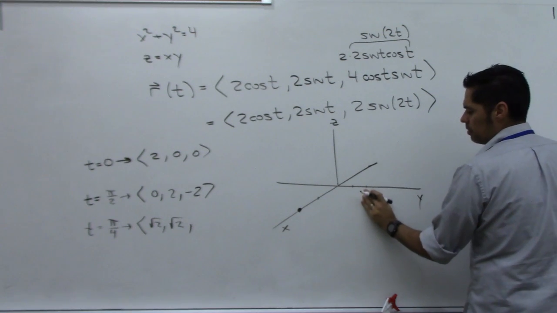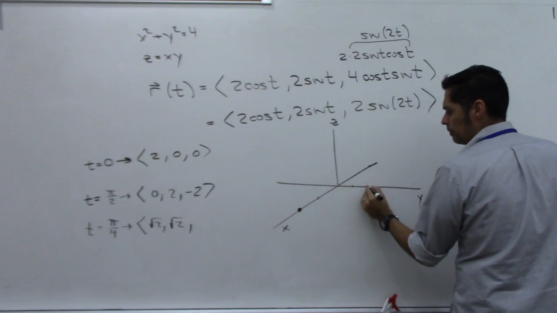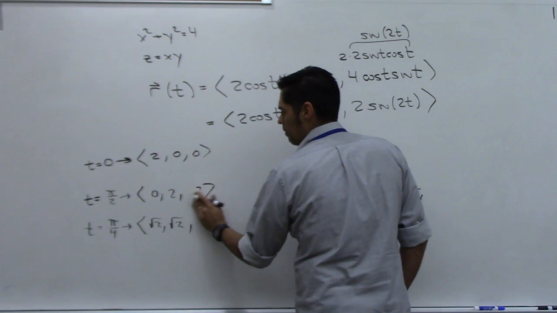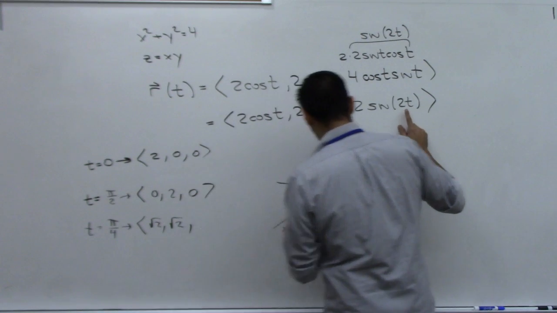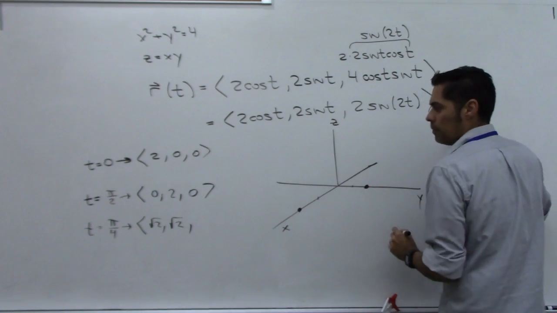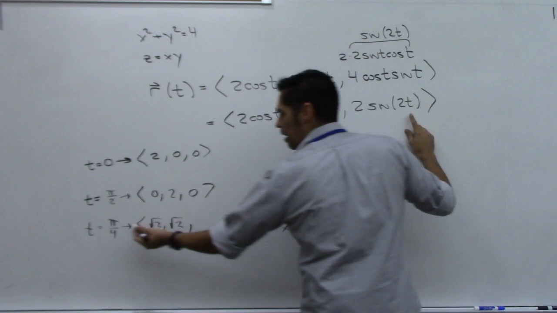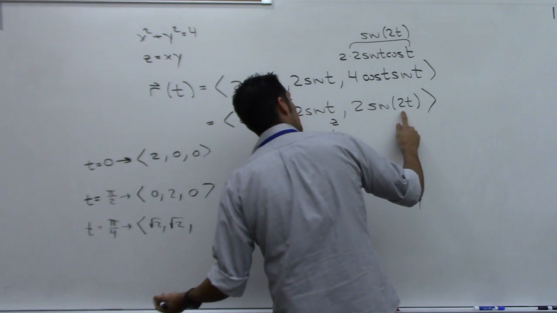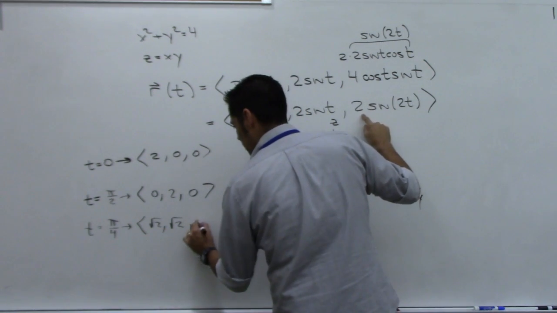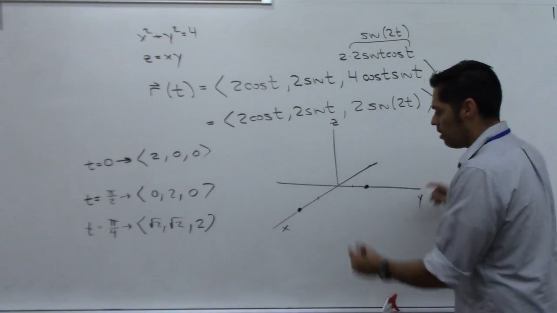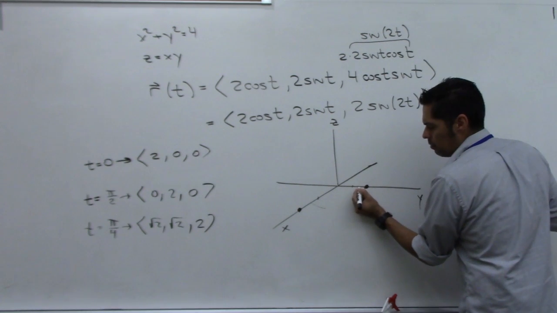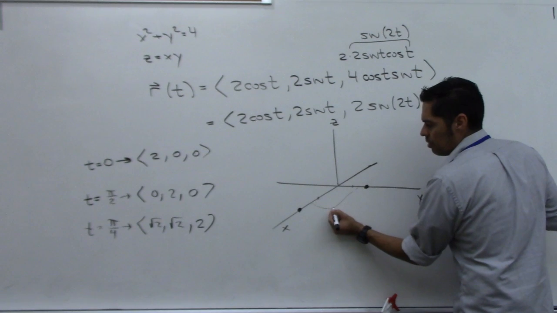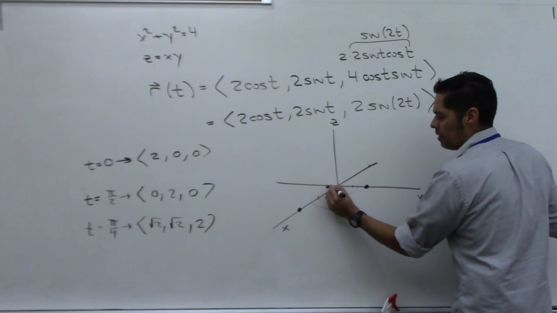This was 0. This should have been 0. Sine of pi is 0. Okay, sine of pi over 2 is 1, so times 2, we should be at 2 here. So we should go out root 2, which is 1.41, somewhere around there, and then over 1.41, somewhere around here. Then we should go up 2, somewhere around there.